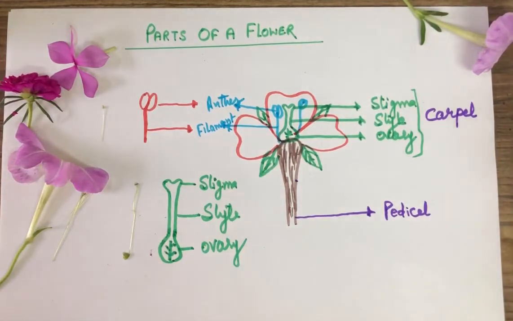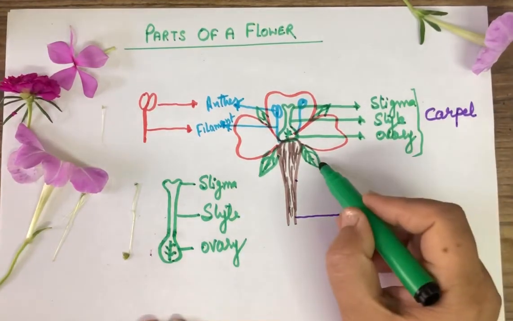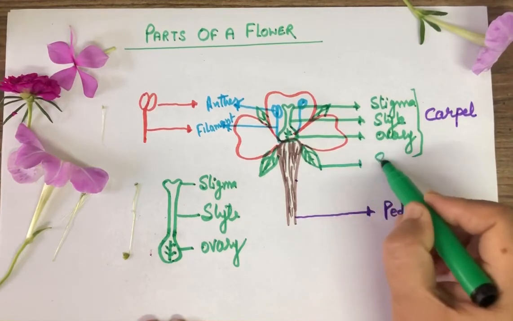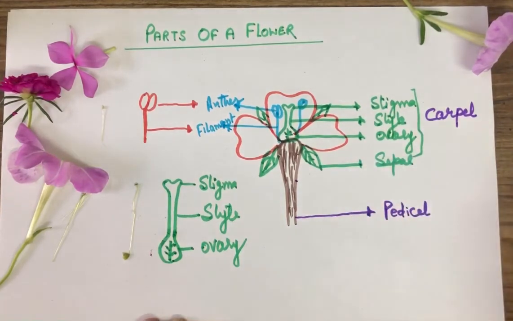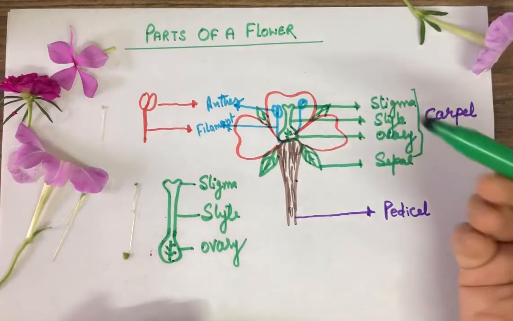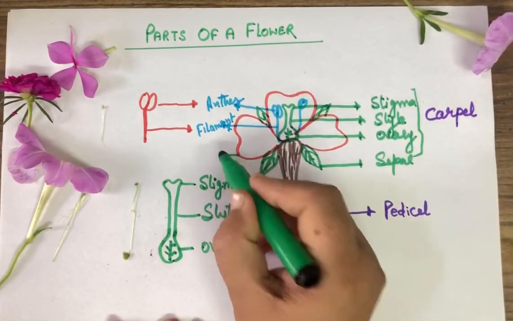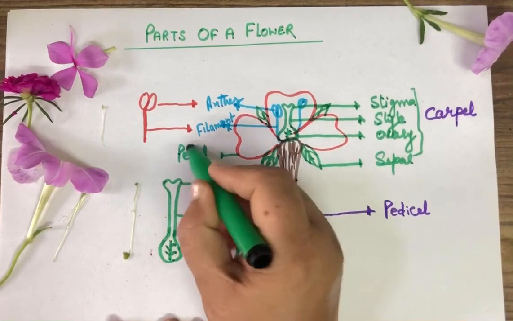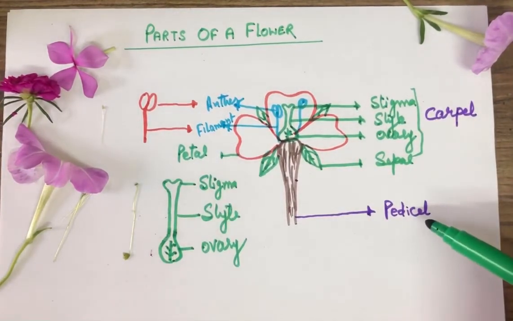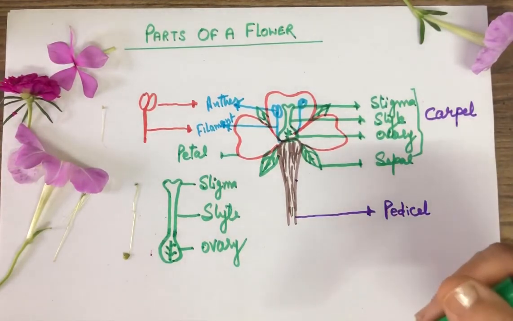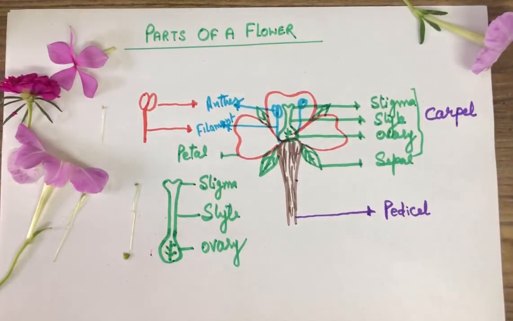Simply you can say pedicel, sepals. I have not labeled it. This is sepal, pedicel, sepal, and the third part is petal. I have not labeled it. This is petal. Pedicel, sepal, petal, carpel, and stamen.